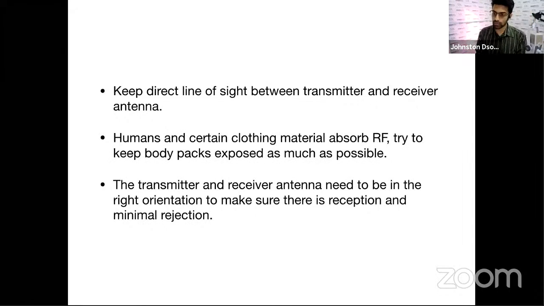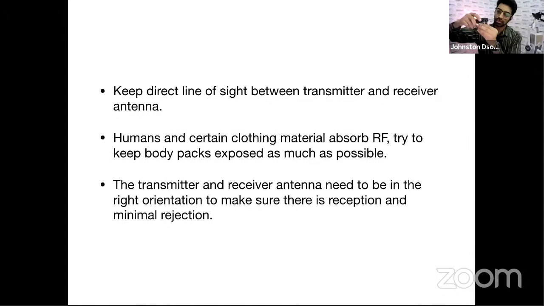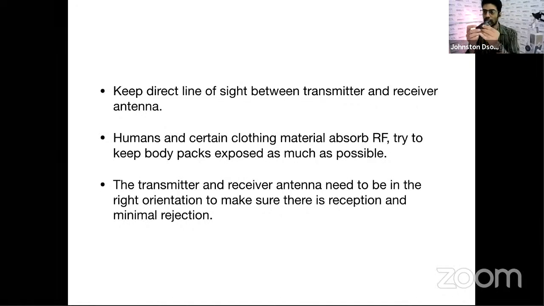Because what happens usually with these systems is you get a horseshoe which clamps the receiver this way on the camera, right? And you will have your artist who's wearing the transmitter on the back. So now we have two things that are bad.